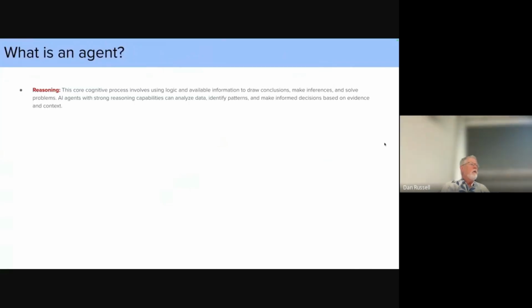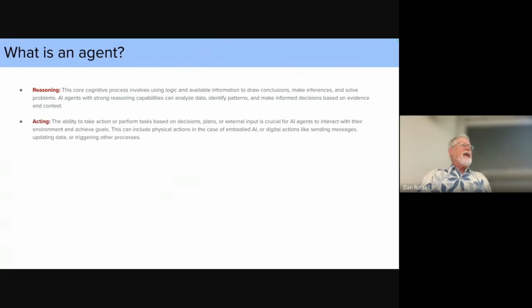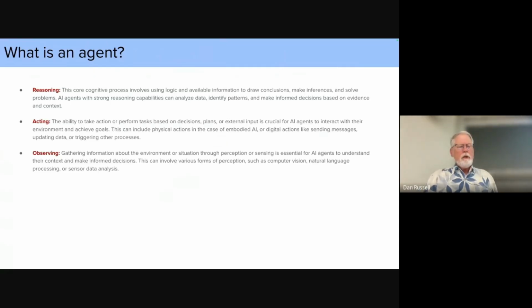So what an agent can do is to do a little bit of reasoning. Some reasoning over the task, reasoning over the pieces of the task that you're doing. It can take action in the world. It can observe and watch as the browser comes up, or as the UI for whatever tool you're using comes up.